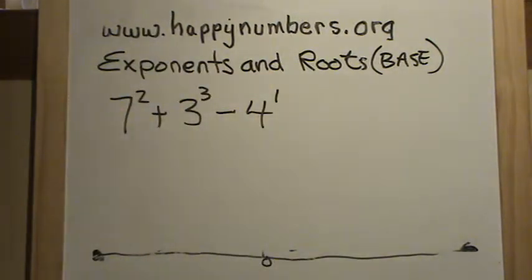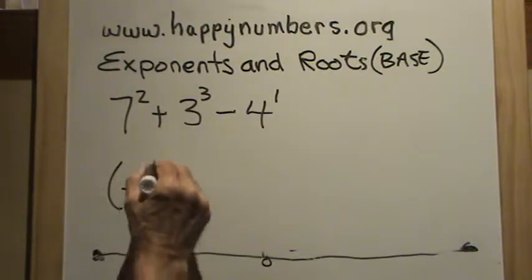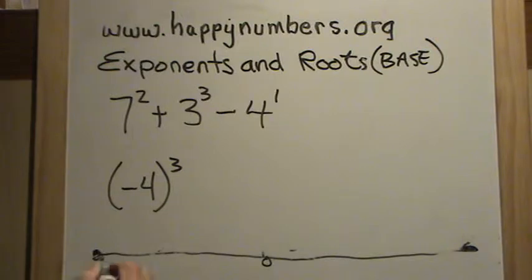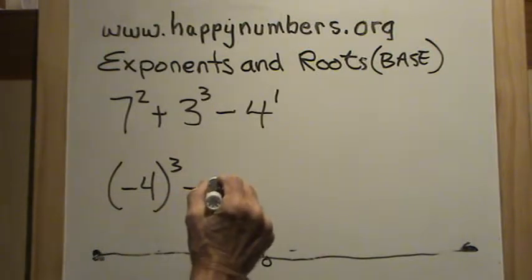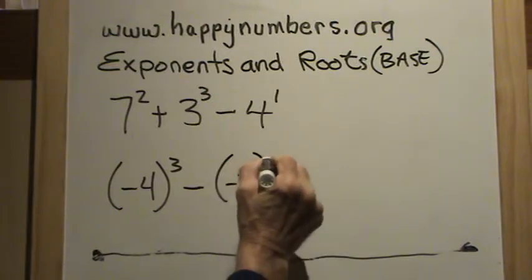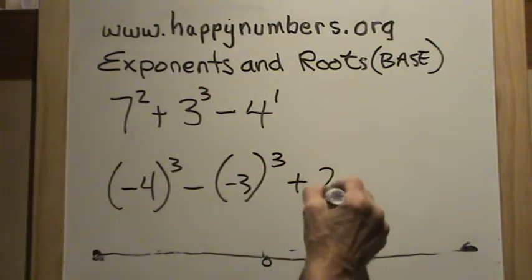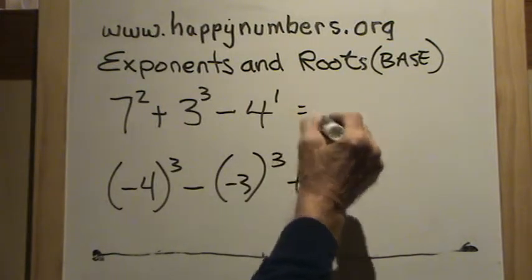That's the first one. And let's do this one. Negative 4 to the third power minus negative 3 to the third power plus 2 to the fourth power.